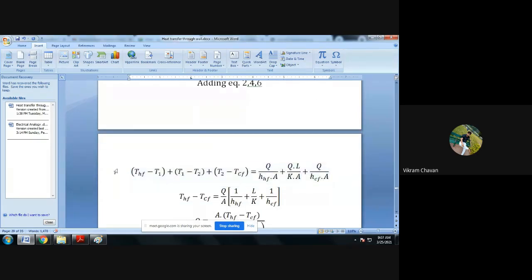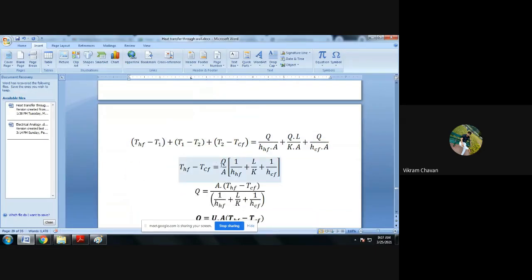Then we added all three equations, 2, 4 and 6, in such a manner that the left side is added to the left side and the right side to the right side. After some rearrangement of variables, we get the equation in the form of T suffix hf minus T suffix cf, where T suffix hf and T suffix cf are the extreme temperatures of the system.